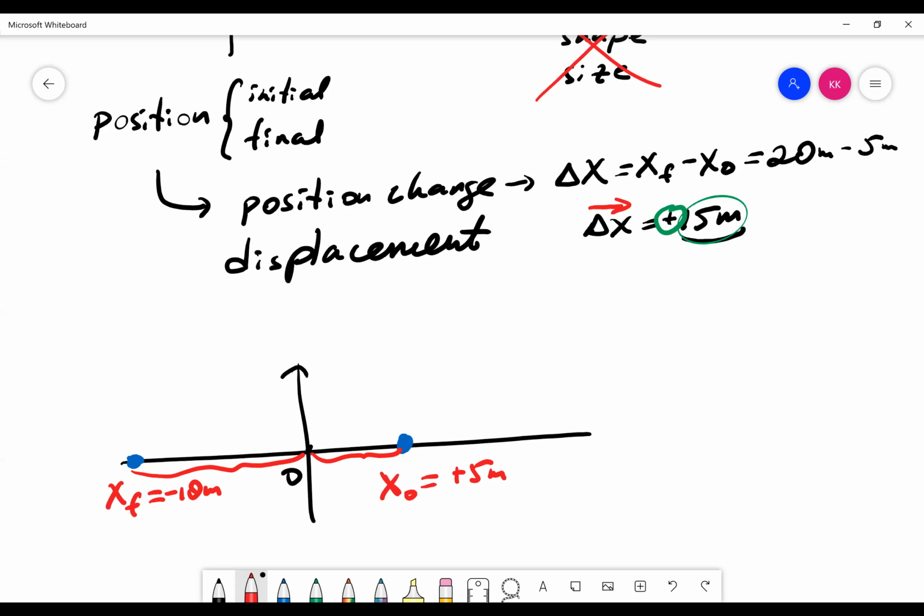Now, that means if the object goes from initial position to final position, I can again calculate the displacement, delta x. Delta x will be x final minus x initial, just like before. This time, x final is negative 10 meters. Initial x is then positive 5 meters.